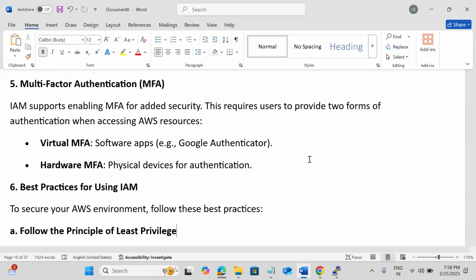Like I have one user having IAM permissions, or sorry, he has EC2 full permissions, EKS permissions, or RDS permissions. For that kind of users, it is better to give multi-factor authentication.